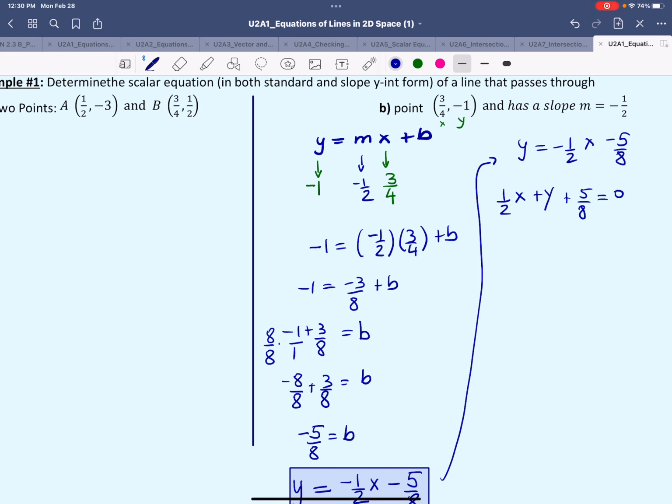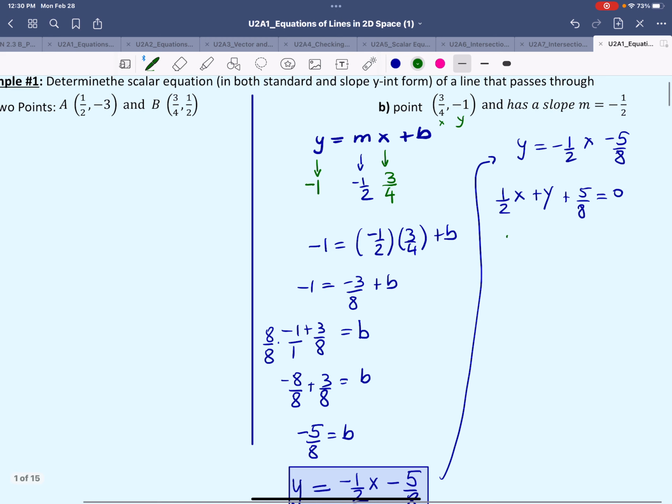Another thing we need to take care of is the coefficients. So the coefficients must be all integers, and the first one has to be a whole number. So for this, we are going to eliminate all the denominators by multiplying every term in the equation by the lowest common denominator, which in our case appears to be 8.